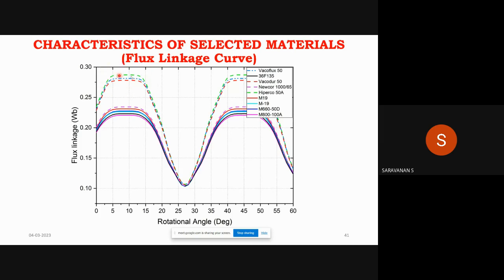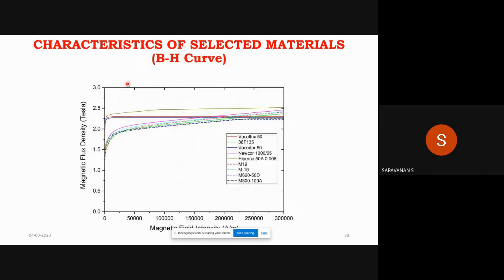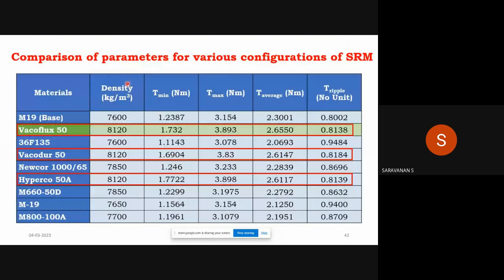This material is Hyperco 50, this material is Wacoflex 50, and this material is Wacoder 50. The same three materials which performed well in the BH curve have performed well in our machine. Then if you take the other two analyses, in this analysis the torque has been analyzed.